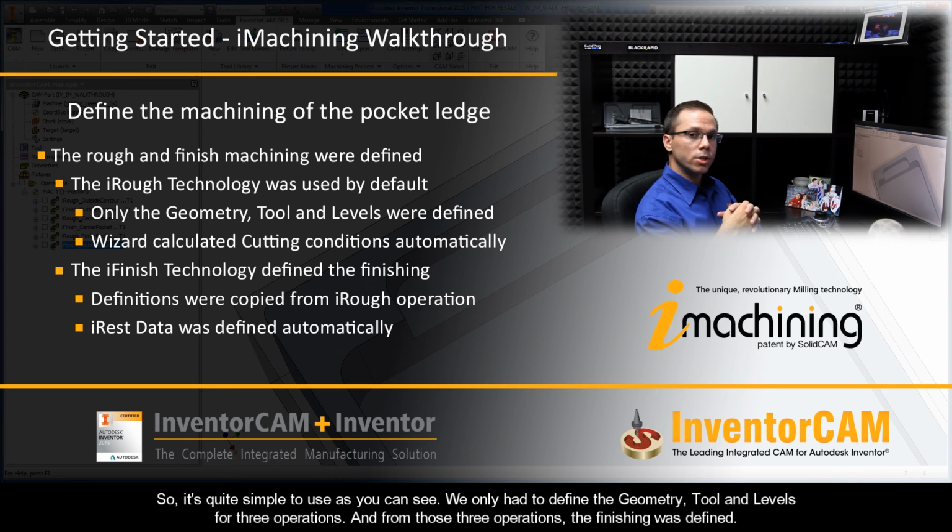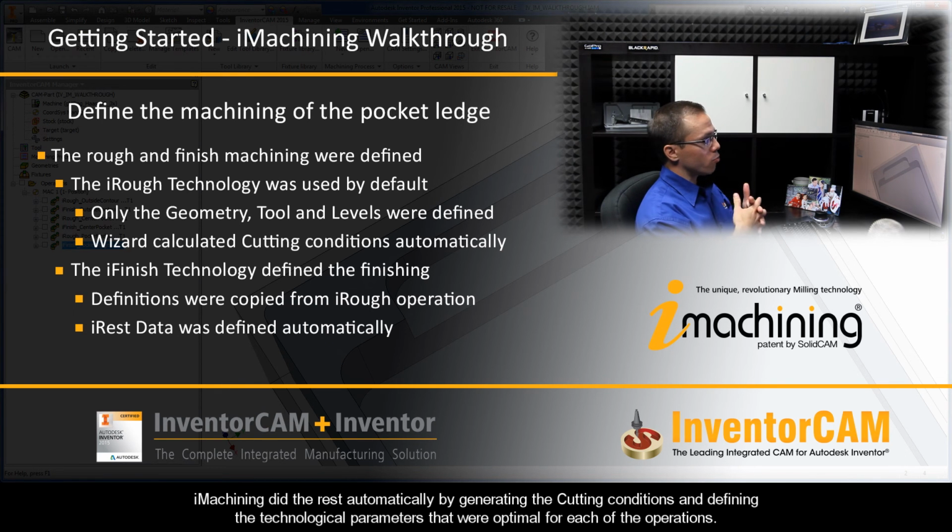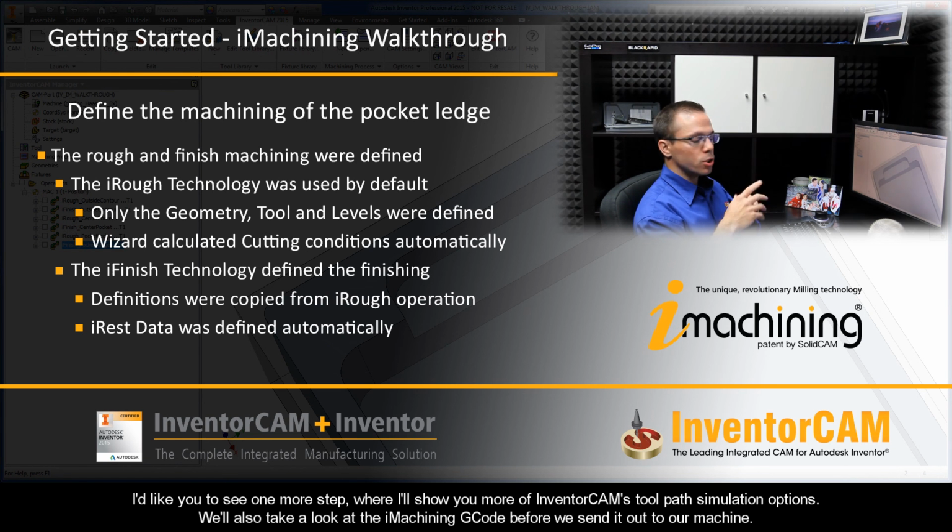And from those 3 operations, we were able to define the finishing. iMachining did the rest automatically by generating the cutting conditions and defining the technological parameters that were optimal for each of the operations. I'd like you to see just one more step where I'll show you more of InventorCAM's toolpath simulation options. And we'll also take a look at the iMachining G-code before we send it out to our machine.